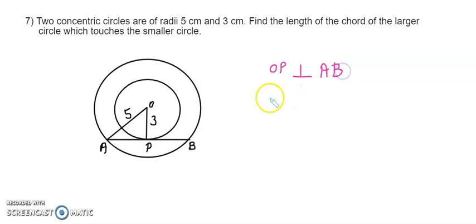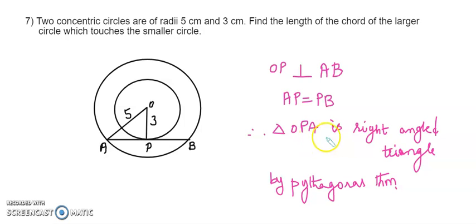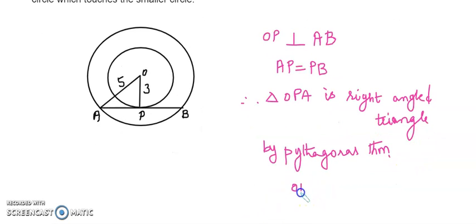And it is also bisecting AB into two equal halves, that is AP and PB. Therefore, here triangle OPA is right angled. So by Pythagoras we'll say that OA square equals OP square plus PA square. And I'm leaving this for you to solve further to find AP.